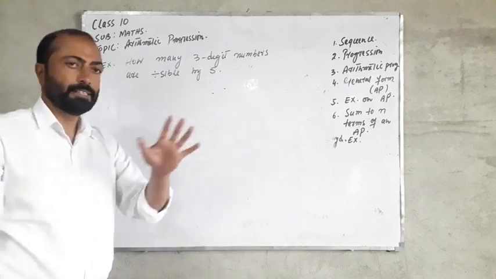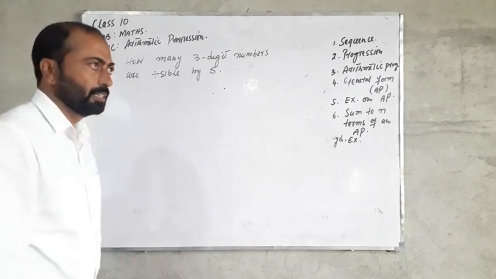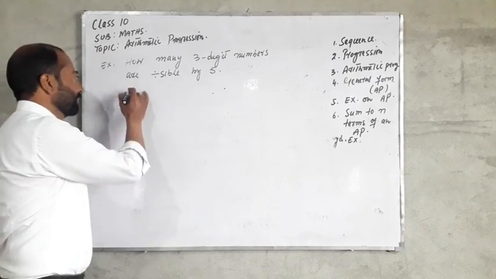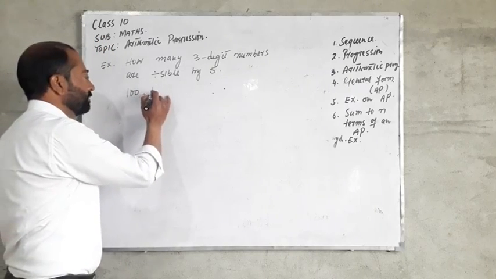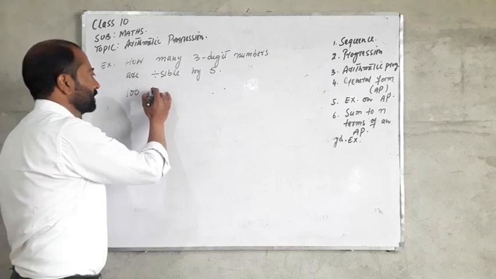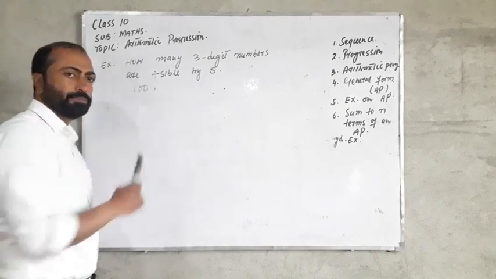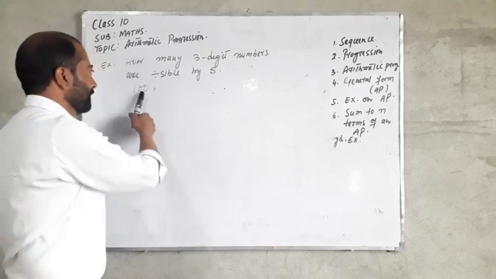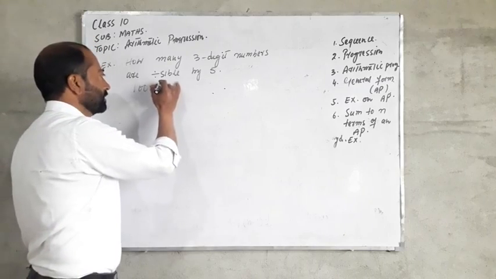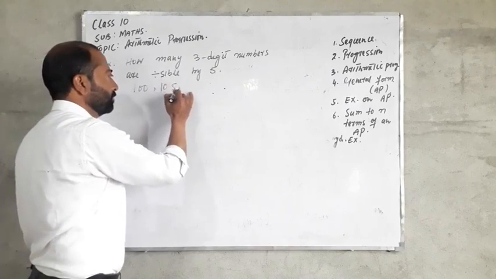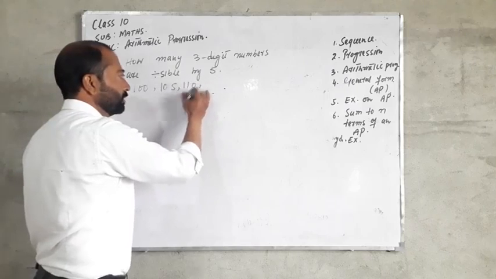Let me write here the 3-digit numbers. The first 3-digit number is 100. The first 3-digit number which is divisible by 5 is 100. The next one is 105. Then we have 110.